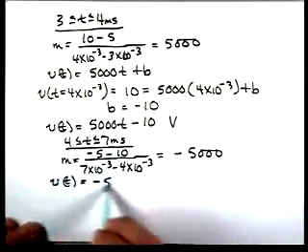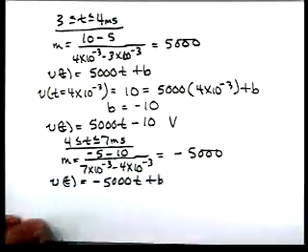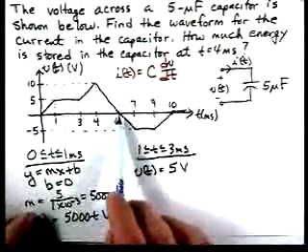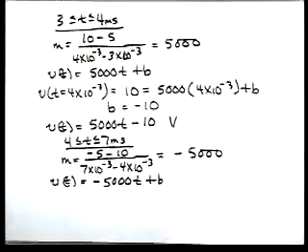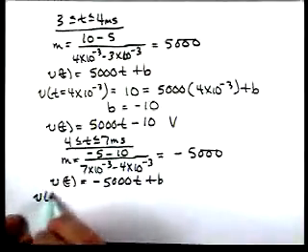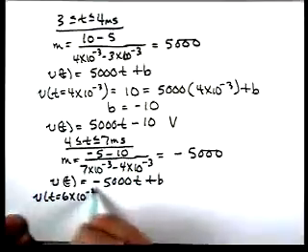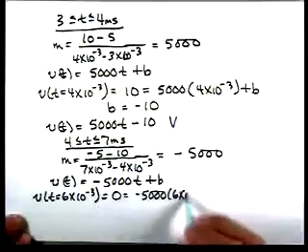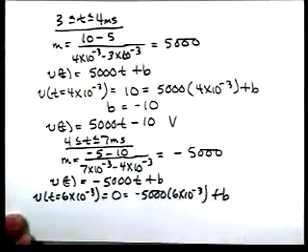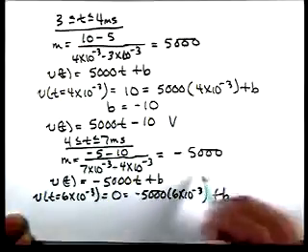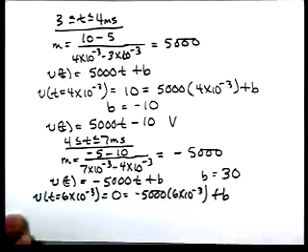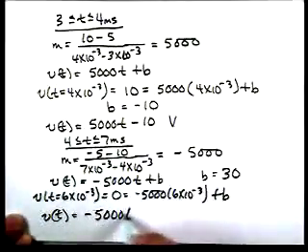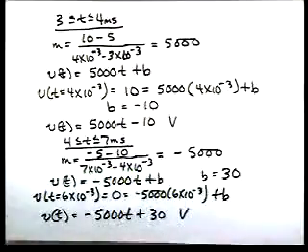Our equation is minus 5,000 t plus B. The voltage waveform goes through 0 at t equals 6 milliseconds. So V of t equals 0 is minus 5,000 times 6 milliseconds plus B, and if you solve, you get B is equal to 30. So our waveform over this interval is minus 5,000 t plus 30 volts.